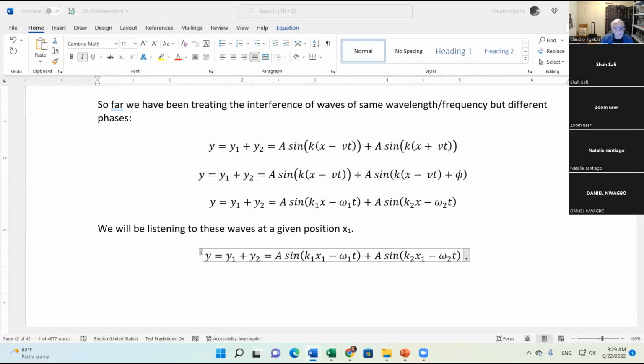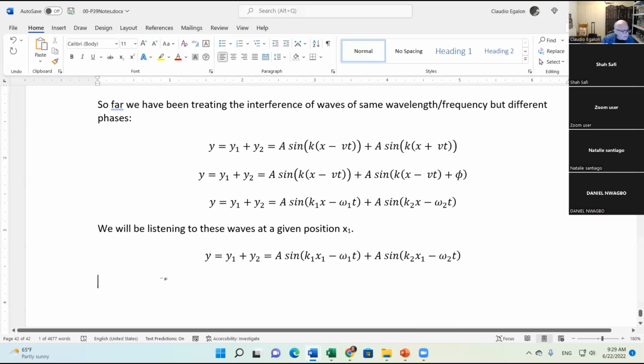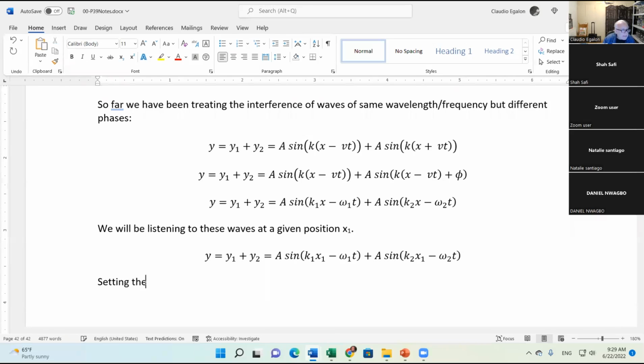To make things even simpler, I'm gonna set the origin of my x-axis to the position of my ear, okay? Or sound detector, right?